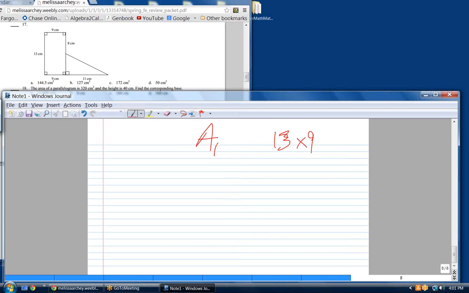Okay, so it's the area of the rectangle. And what's the area of the triangle? The area of a triangle is base times height divided by 2. So it's 1/2 base times height. What's the base? The base would be 11. What's the height?